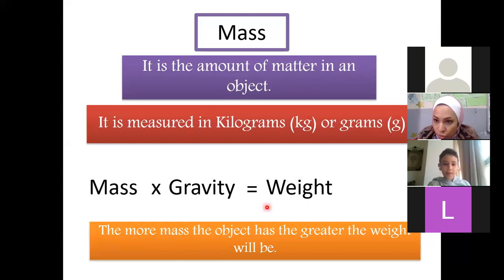If you're on Earth, you are affected by the gravity of Earth, so your weight on Earth will be X. And when you go to the moon, the gravity will change, so your weight will change because the gravity changed. If you went to Mars, the gravity will change, so your weight will change because the gravity changed again.